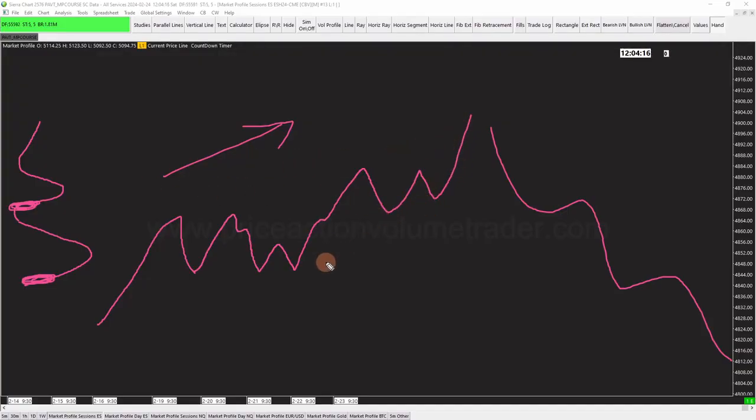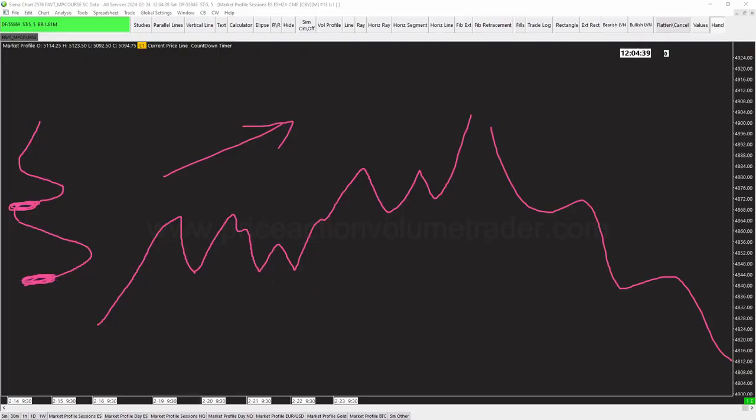In these areas, it might take some time for us to clearly see this high volume node form, but once we're right around this point, we have a clear edge at the bottom, a ledge on this high volume node. And so this is when we want to be taking trades in order to get long.